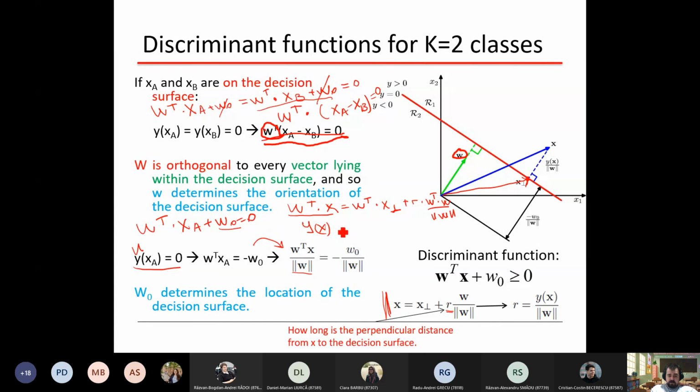If we add w0 on the other side, we'll have w transposed x perpendicular plus w0 plus r multiplied by, can you tell me what is W transposed multiplied by W? Squared norm. Okay, perfect. So this is the norm to the square.